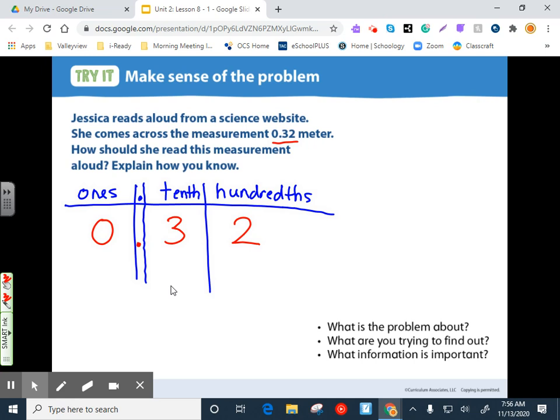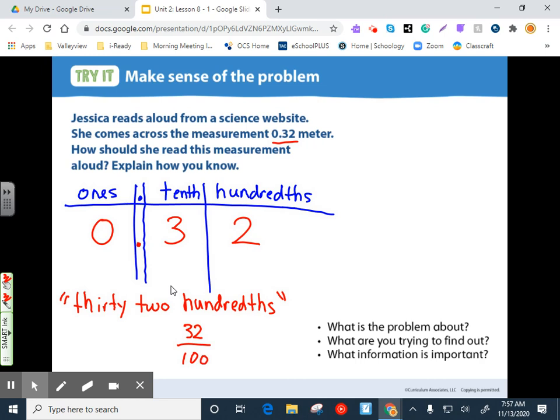So how should she read this measurement aloud? So she calls it 32 hundredths. Because if you look at a decimal, and we haven't gotten into fractions yet, 32 hundredths is also written just like this, 32 over 100.